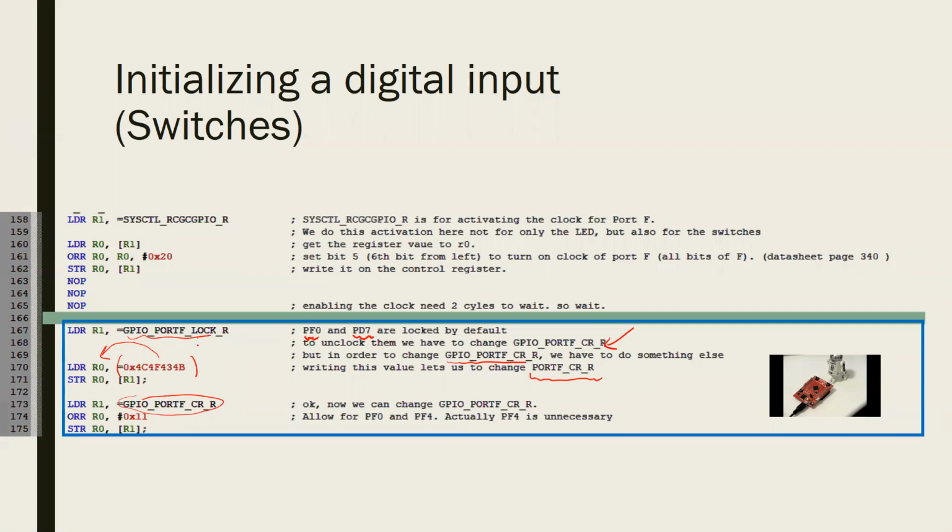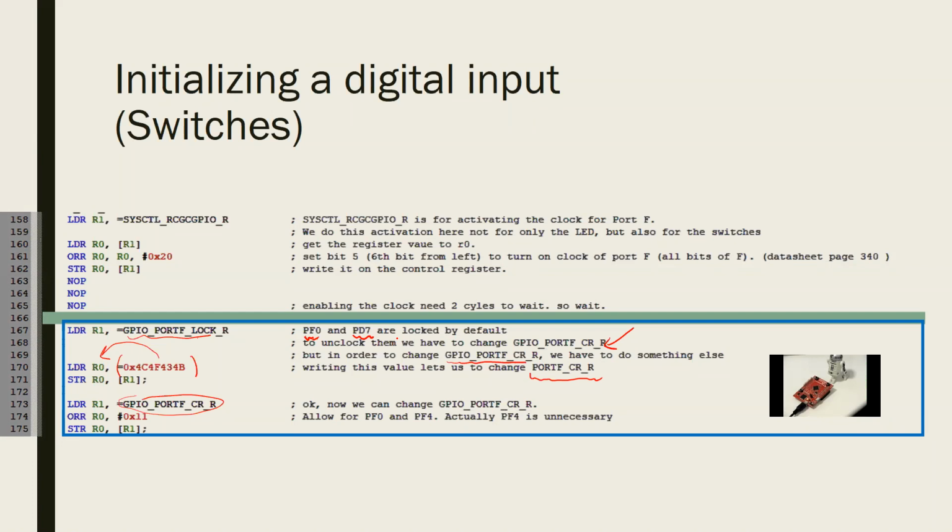So first the lock register, then the control register. And after you do these operations, you'll be able to do operations on PF0. Well, you might say, how should I know this? You're not supposed to know this, but it's written somewhere in the datasheet. So if you did not know this mechanism and just tried to work on switch 2, you wouldn't be able to do it.